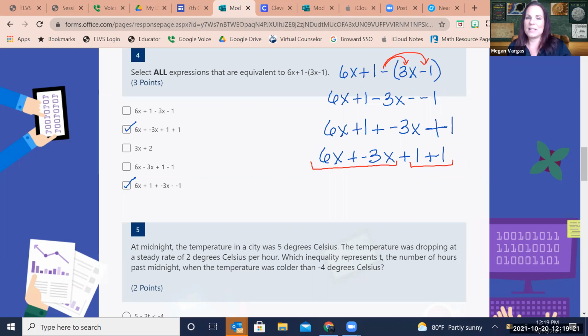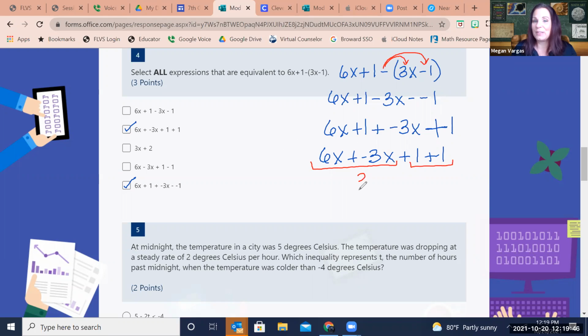Think about what 6x plus a -3x. Yes, good, Madison. Anyone else want to chime in? So 6x plus a -3x would give me, yes, good, Christian.